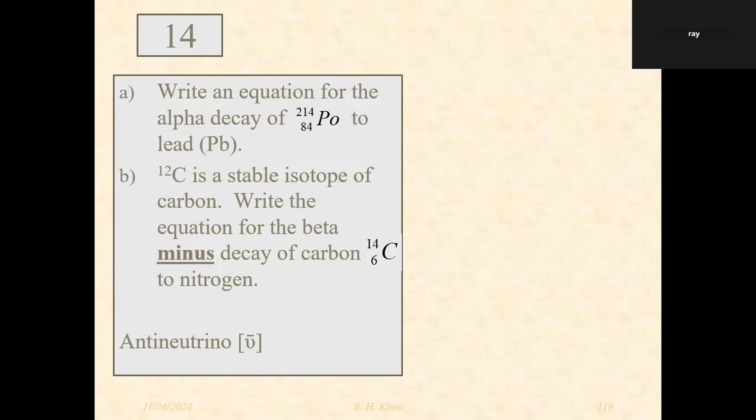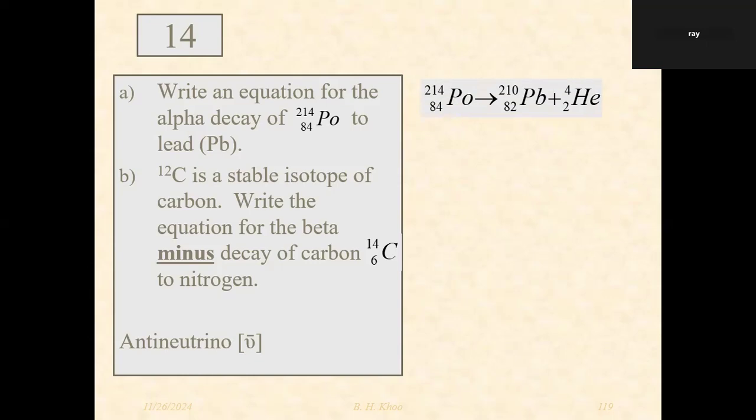Okay, you should be able to write this one. Write an equation for the alpha decay of polonium to lead. You should be able to write that.